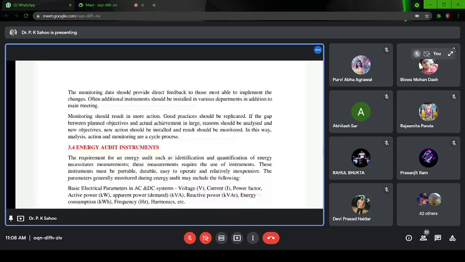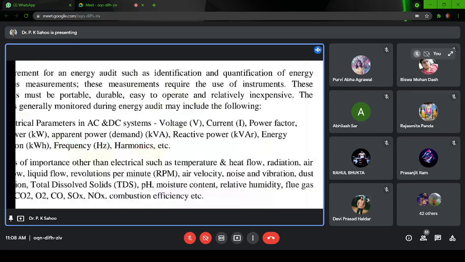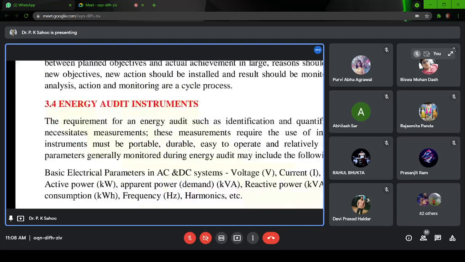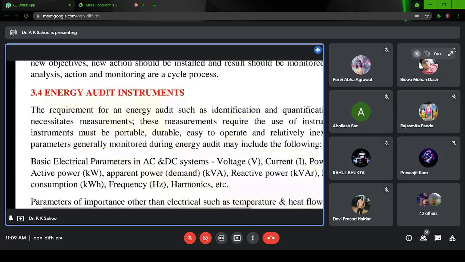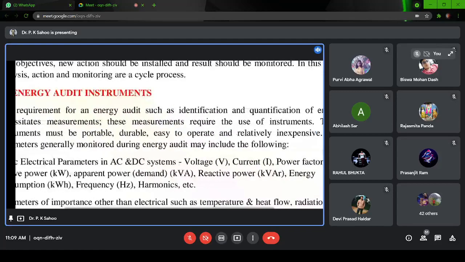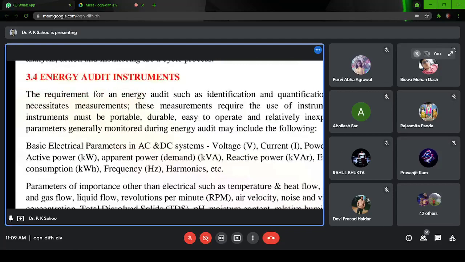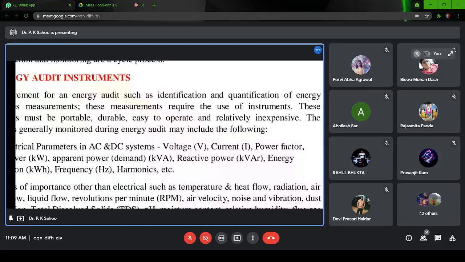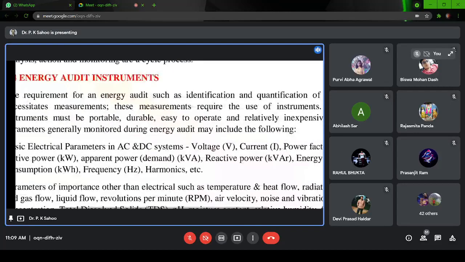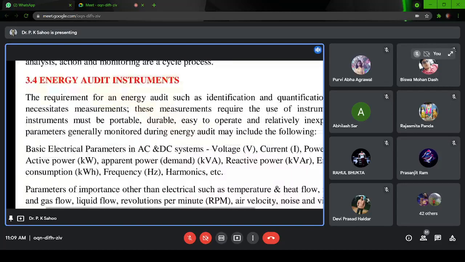Okay, so here it is about the identification and quantification of energy necessities and measurement. How are you using all the instruments in your industry? So many instruments you are using in the industry.